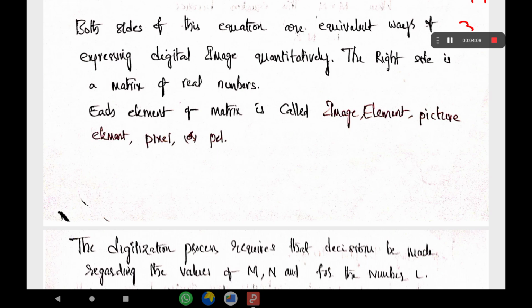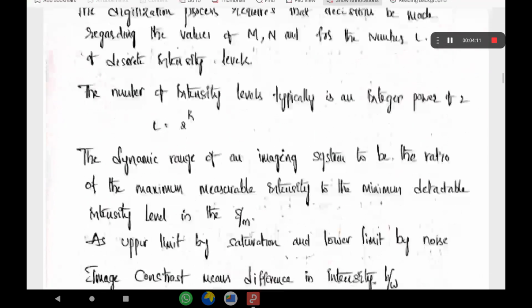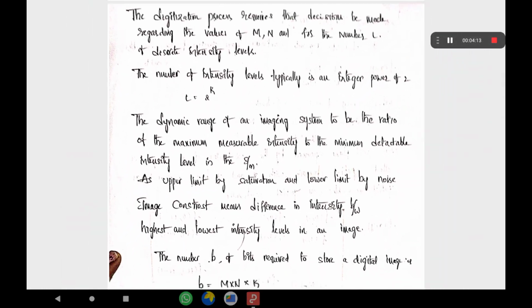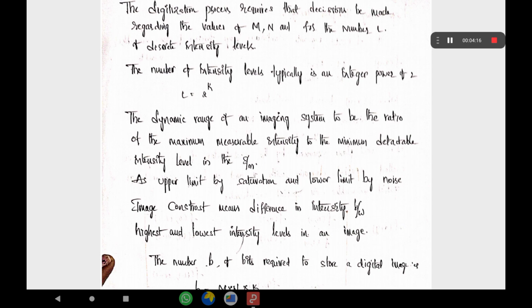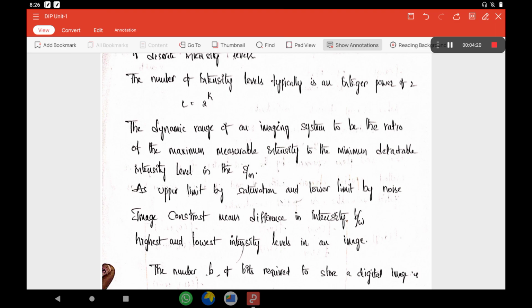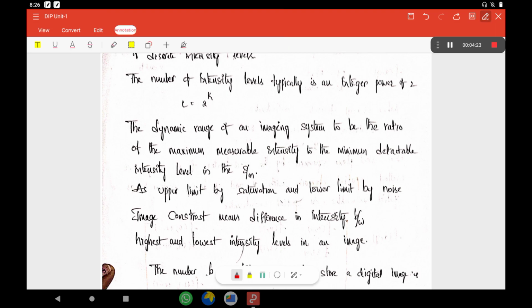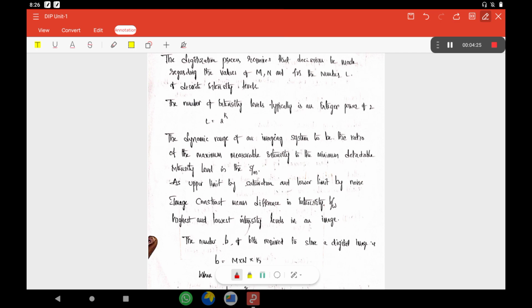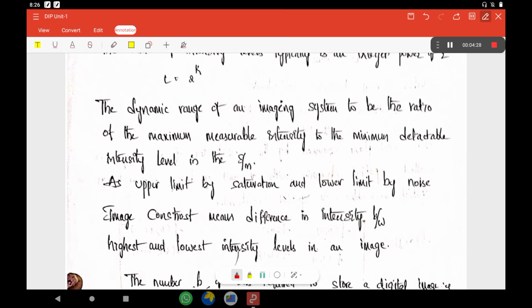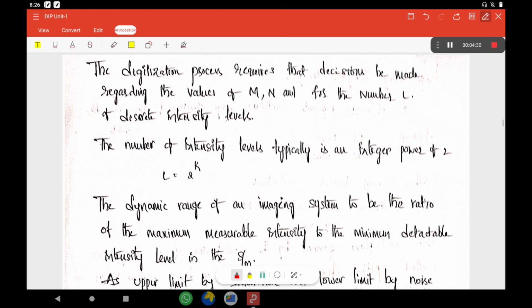Next is the digitization process. The digitization process requires that decisions be made regarding the values of m comma n and the number L of discrete intensity levels.